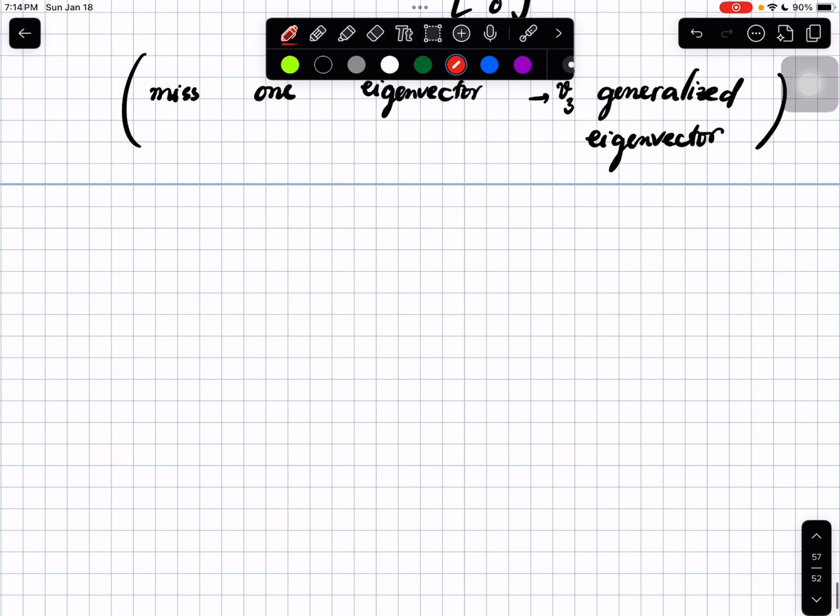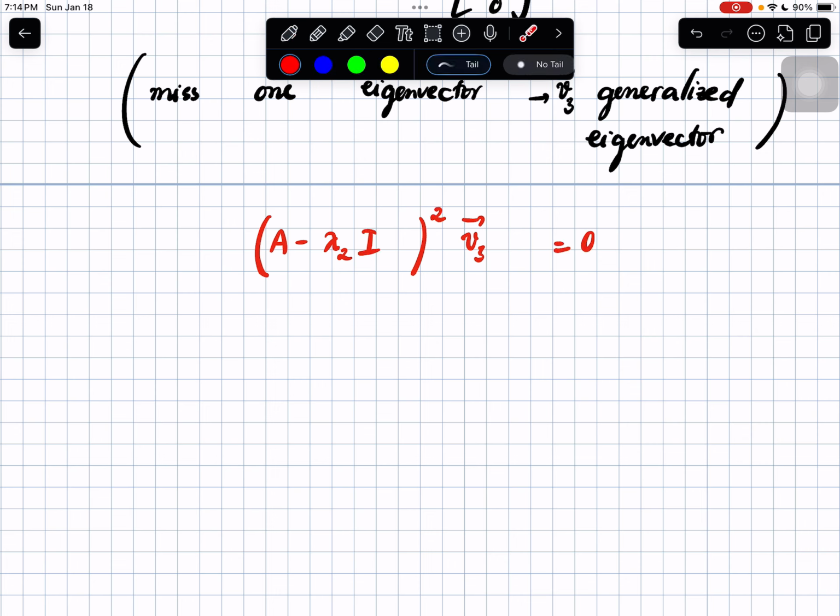That eigenvector V3 is actually the solution of A minus lambda 2 I squared times V3 equal to 0. If you remember the case where A is a 2 by 2 matrix, when we miss one eigenvector, raising it to power 2 will give us a 0 matrix.